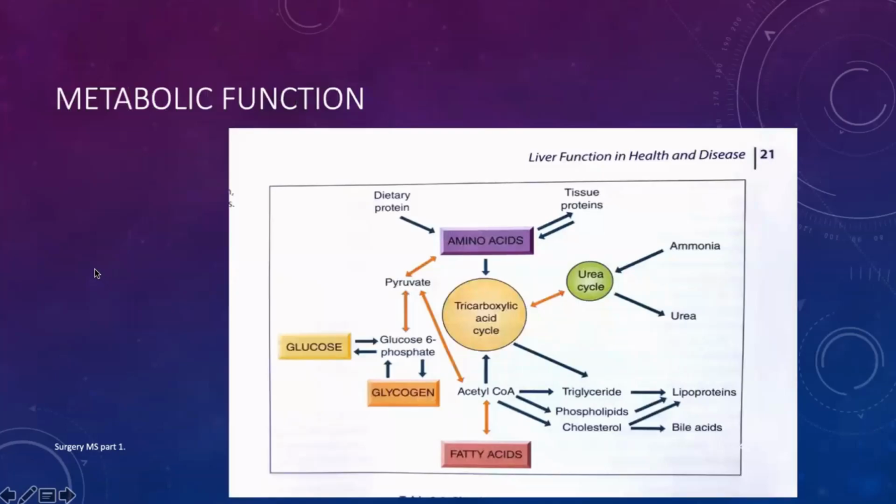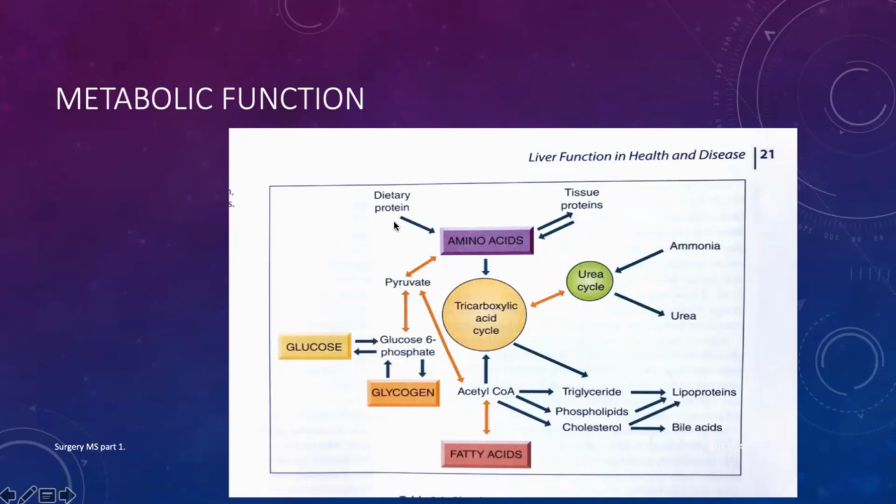So try to focus. Let's look at some important metabolic functions which are done by the liver. So you know how these fatty acids and glycogen are being produced in the liver. In our diet, either we take amino acids or we may be taking carbohydrates.